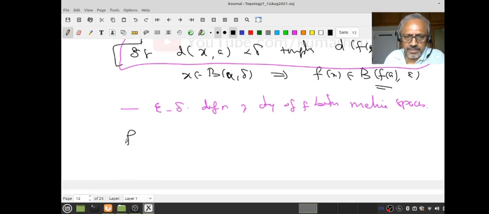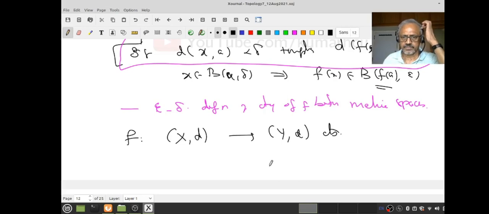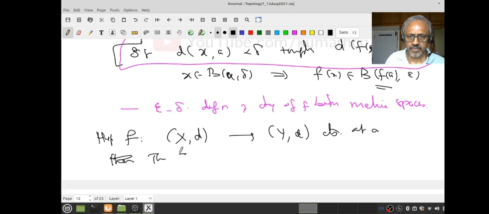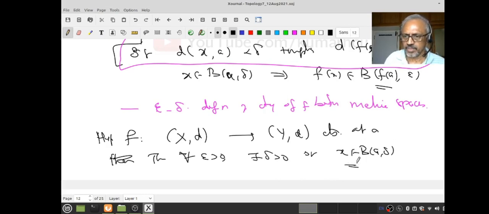I have proved that if f from (X, d) to (Y, d) is continuous at a, and this is the hypothesis, then for every epsilon positive there is a delta positive, so that x belongs to B(a, delta) implies f(x) belongs to B(f(a), epsilon).